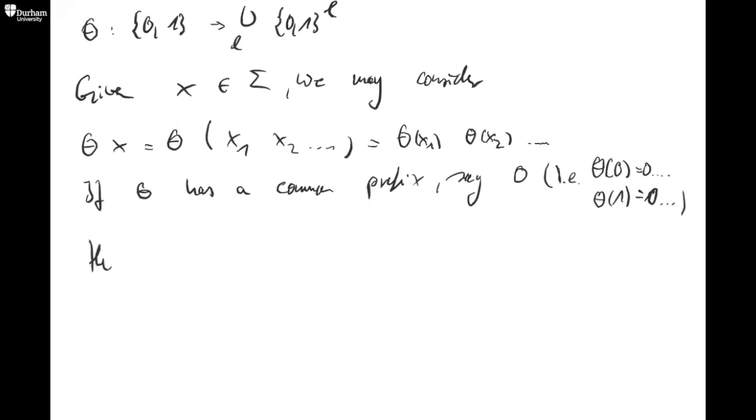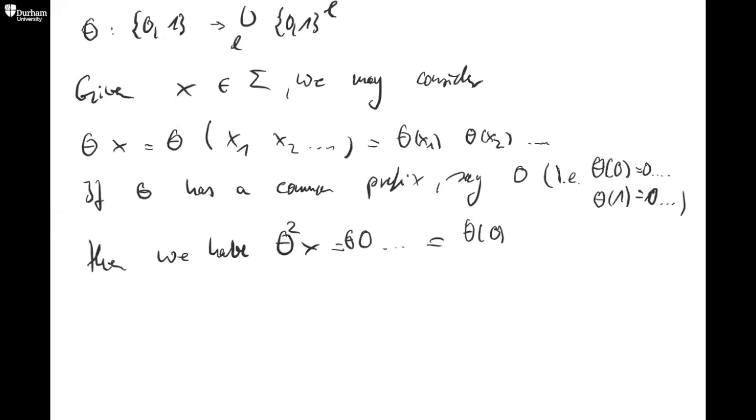Then we have that theta x is something which starts with a 0, clearly. We don't know how it looks further down, but it begins with a 0, clearly. Now, if we apply theta again to what we have there, this is the same as applying it to a sequence which starts with a 0. So what we get is a sequence which now starts with the image of 0 under the map theta.